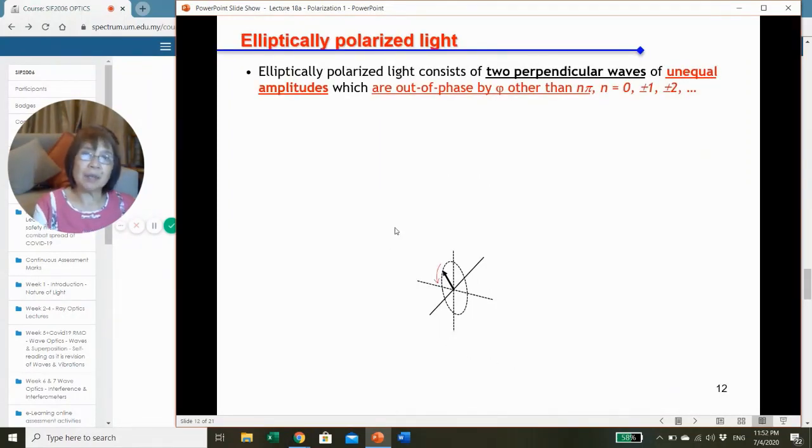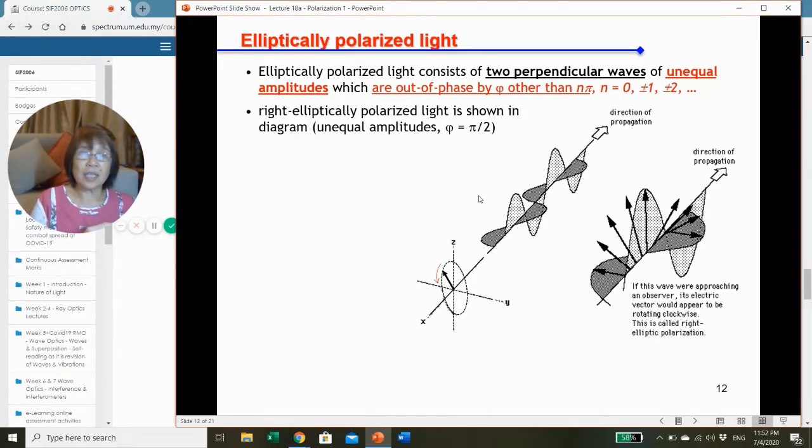What about elliptical polarized light? We can represent it by two perpendicular plane waves, and they are of amplitude which is not the same anymore, and they're out of phase by an angle, can be any phase angle other than n pi, as long as they are not multiples of pi. So here is shown for a phase difference of 90 degrees.